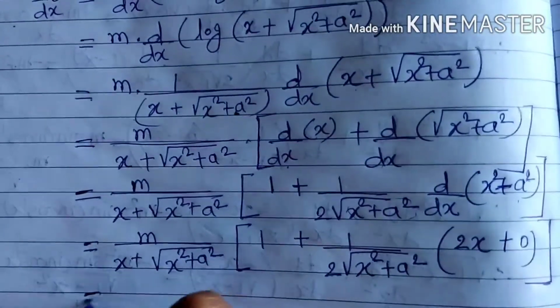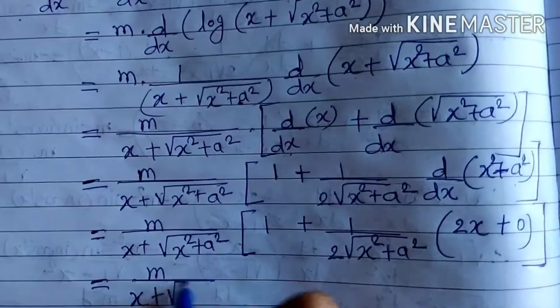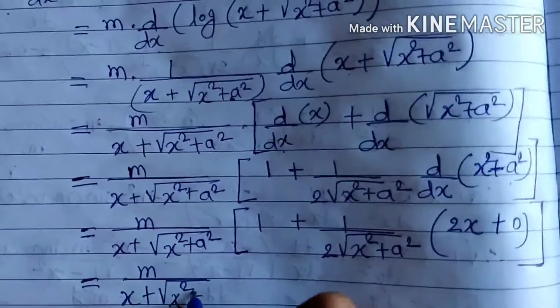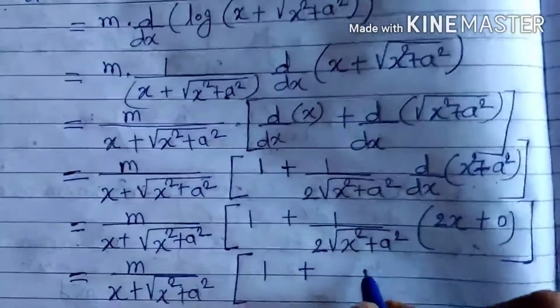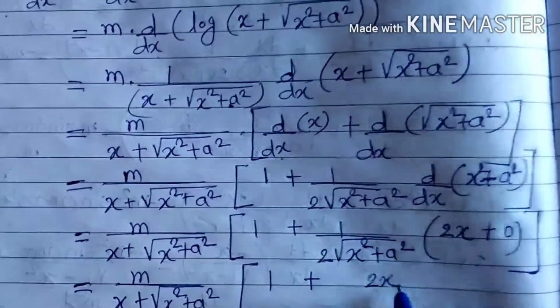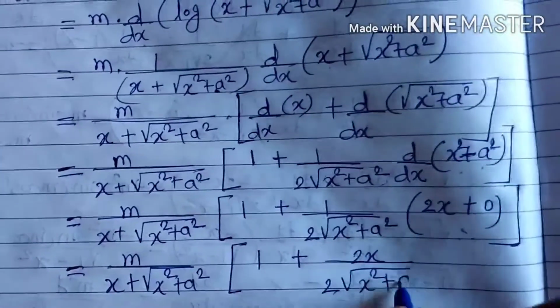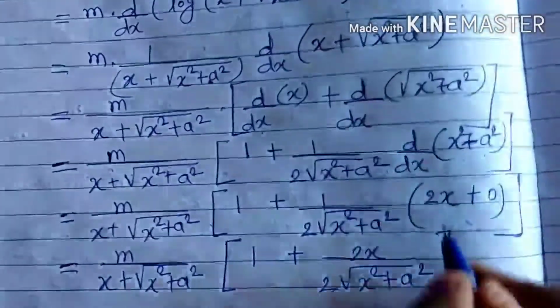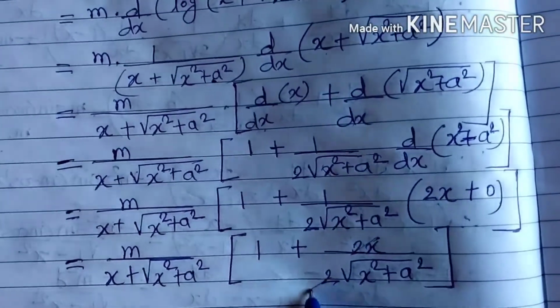So we get m upon x plus under root of x square plus a square into 1 plus 2x upon 2 under root of x square plus a square, because this 2x plus 0 is 2x. Now here 2 get cancelled.